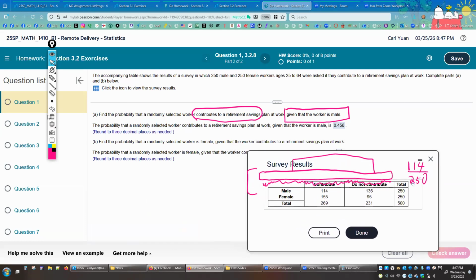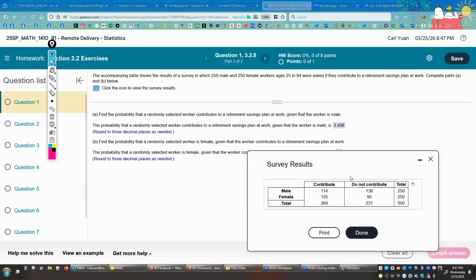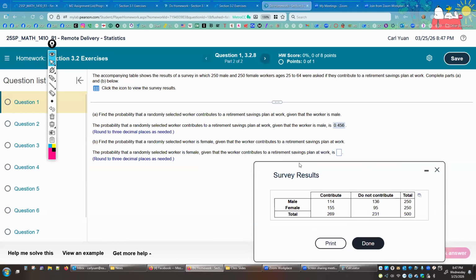All right. Next. So find the probability that a randomly selected worker is female given that the worker contributes to a retirement savings plan at work. So given this, now we're only looking at the people who contribute. We're only looking at this group.